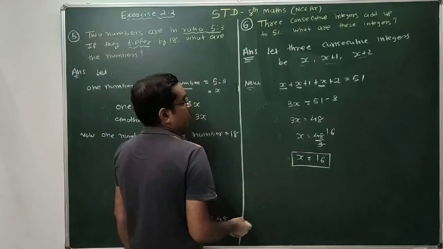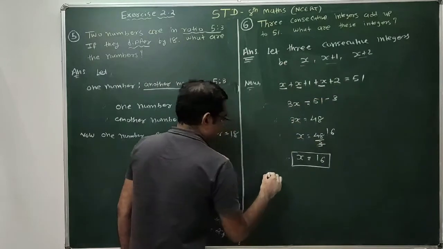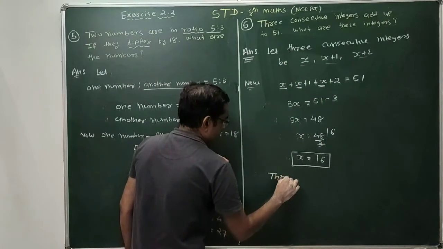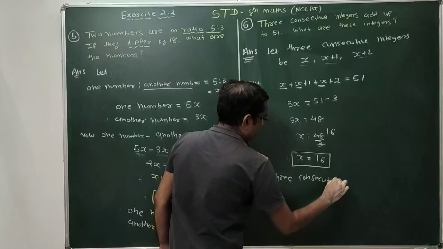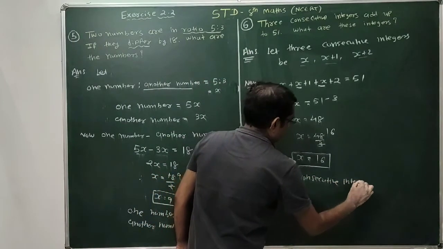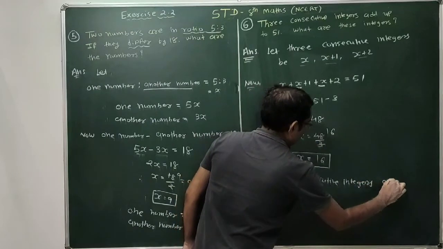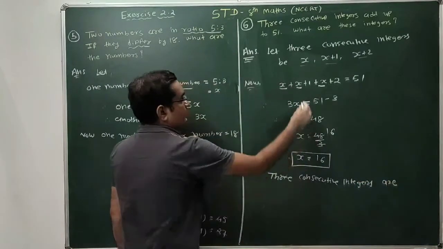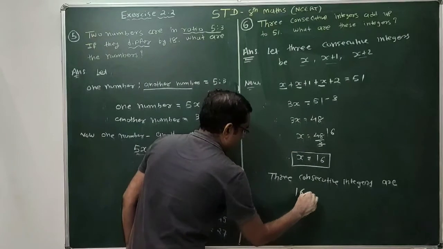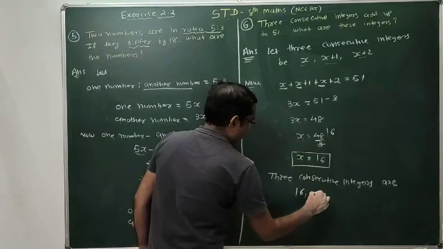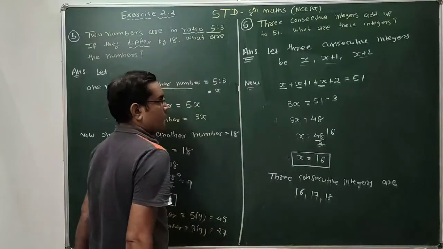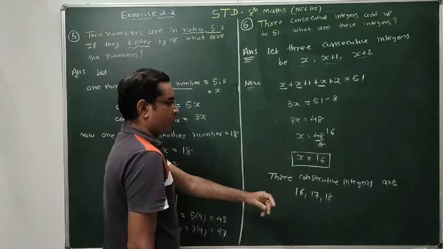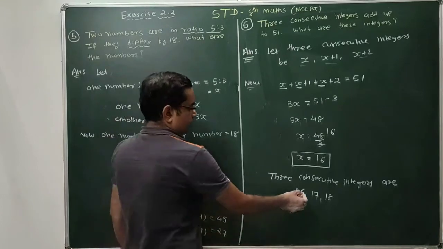And therefore you have to write our answer. The 3 consecutive integers are x, which is 16, then 16 plus 1, 17, and 16 plus 2, which is 18.